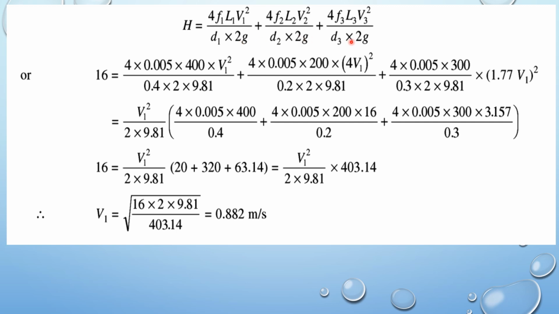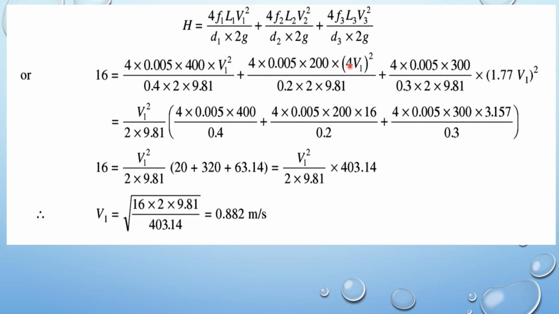Similarly writing for the other two pipes and substituting the values, capital H is 16 meters, which is already given in the problem. 4 into F1, F2, F3 are all the same, so it is 0.005. L1 is 400. V1 we don't know, we have to find out V1, so V1 square by D, where the diameter of the first pipe is 0.4 meters, 2 into 9.81.